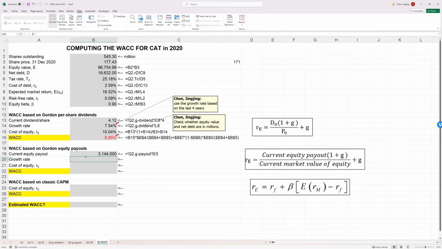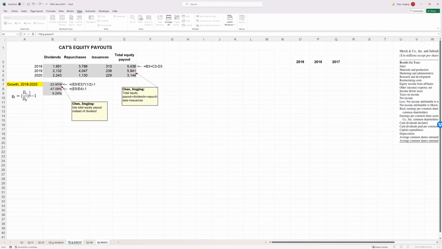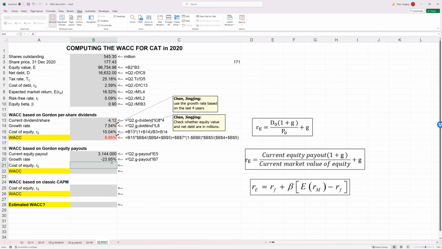And then the growth rate. There are a couple of growth rates here. One is based on the 2-year growth, another on the 1-year growth. I will discuss that later. Some of you may already feel hesitant when you see the negative growth rate. I'll first not think about it, just use it, and discuss later the issue of using a negative growth rate.